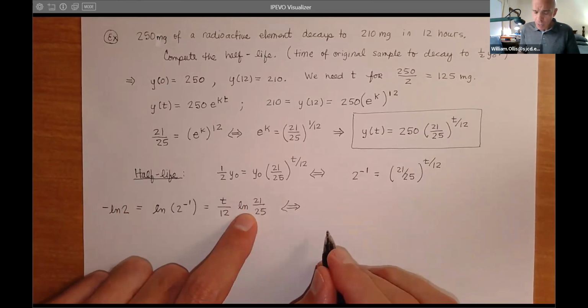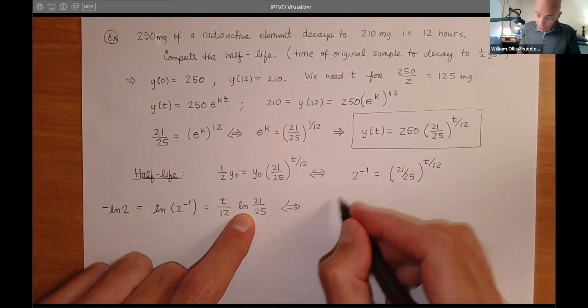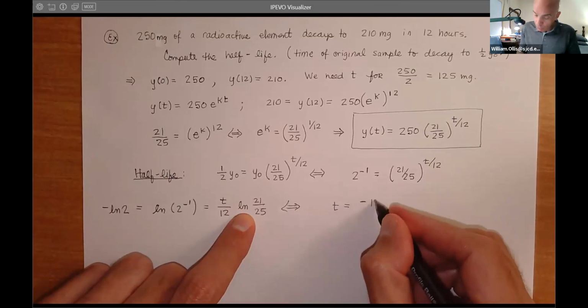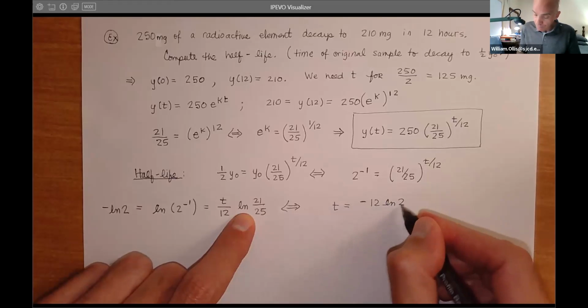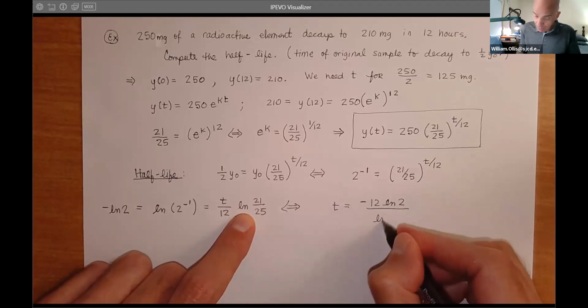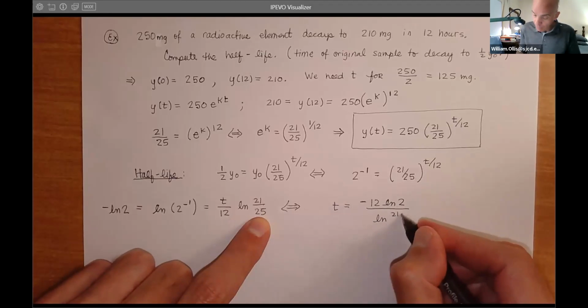In this case, we multiply by 12 and divide by the natural log term. So now we have t equals negative 12 times ln of 2 divided by the natural log of 21 over 25.